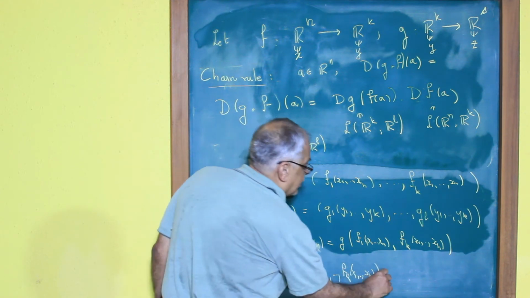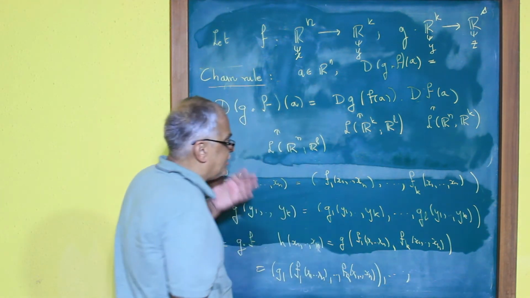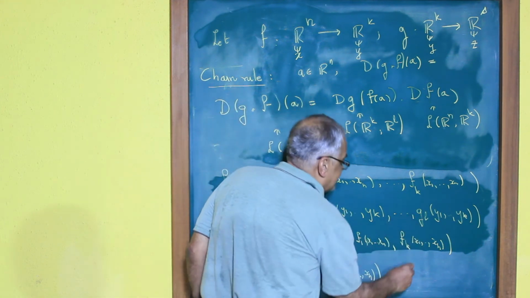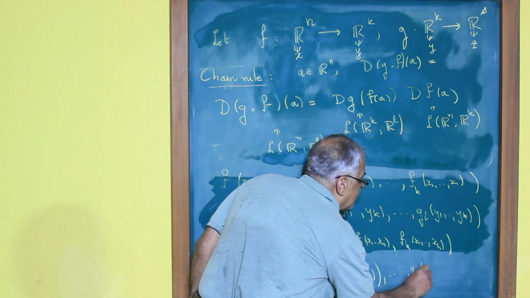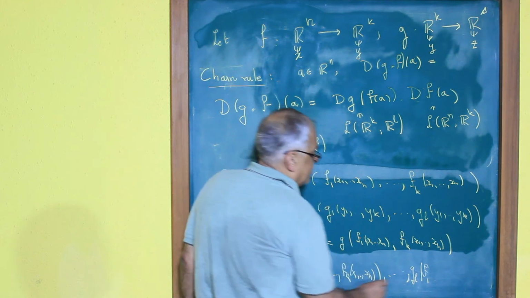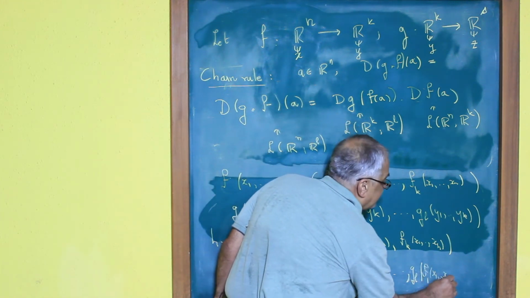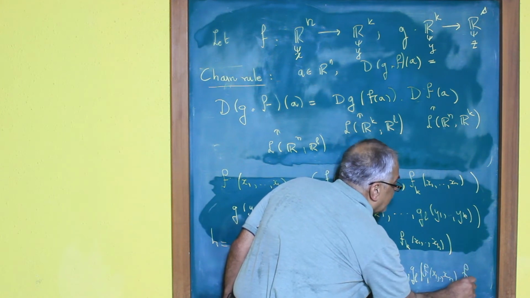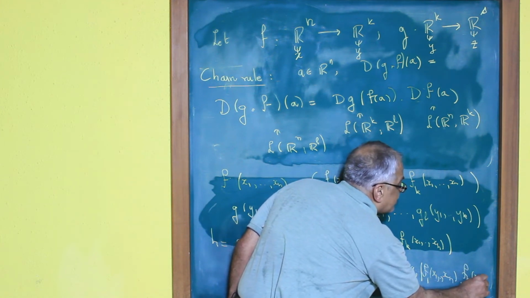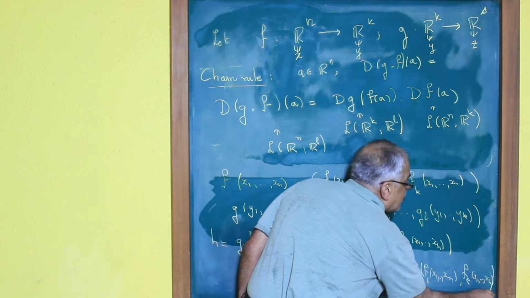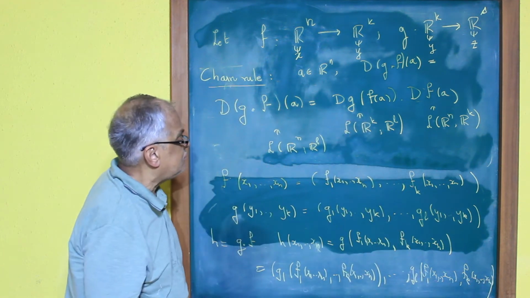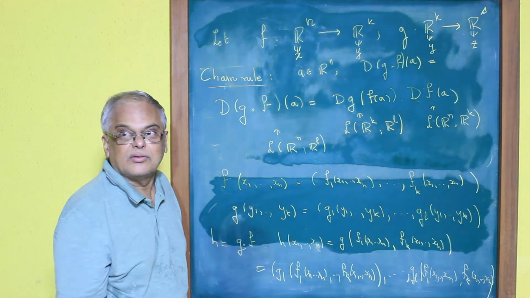This is the first component. Similarly, I'll have the second component, and then I have the Lth component, GL of F1 of x1 to xn, comma, Fk of x1 to xn.